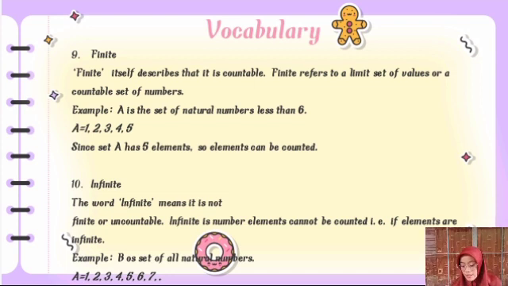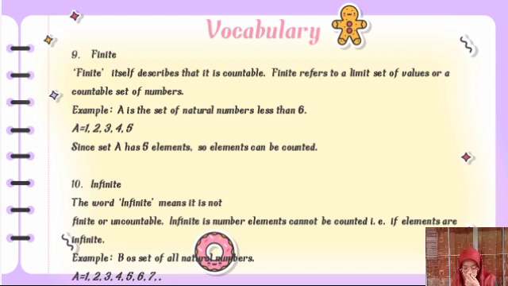Finite refers to a limited set of values or a countable set of numbers. For example, A is the set of natural numbers less than 6. A equals 1, 2, 3, 4, and 5. Since set A has 5 elements, the elements can be counted.